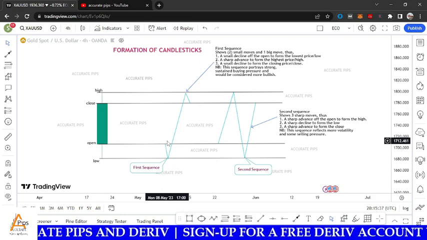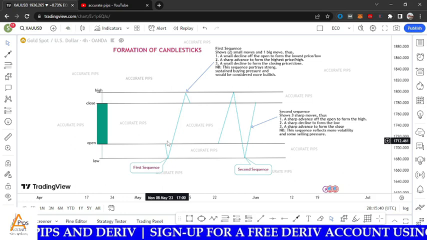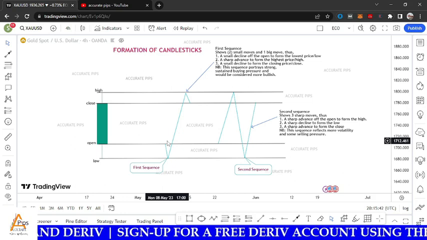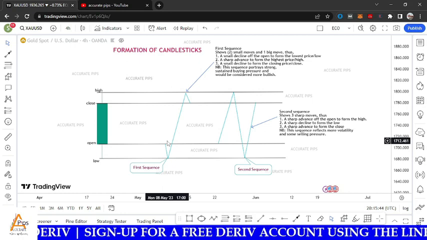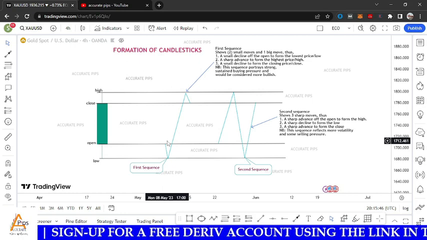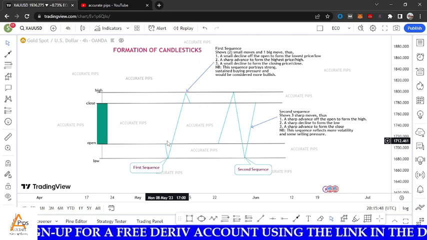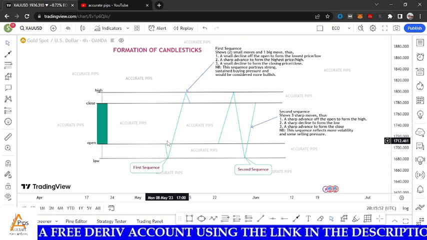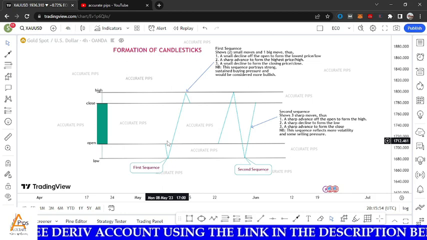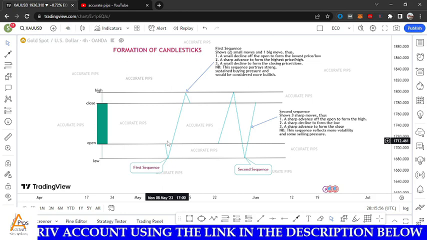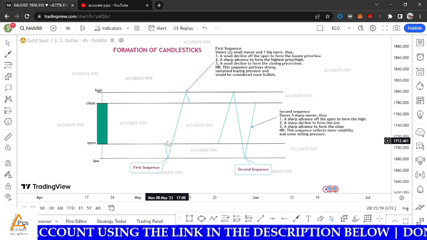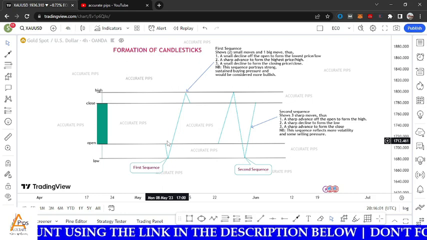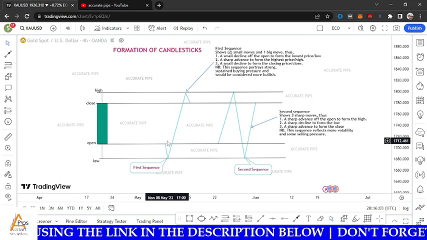A movement like this portrays strong sustained buying pressure. The buying pressure is so high that the sellers couldn't withstand the pressure and are not able to push price down. When this happens, we consider this particular candle as more bullish.